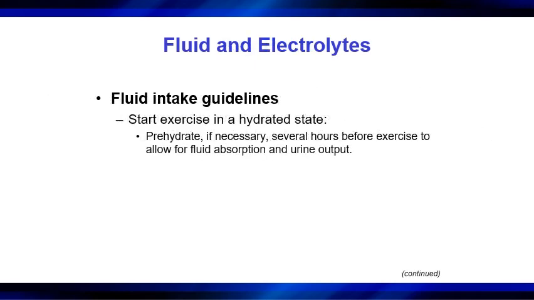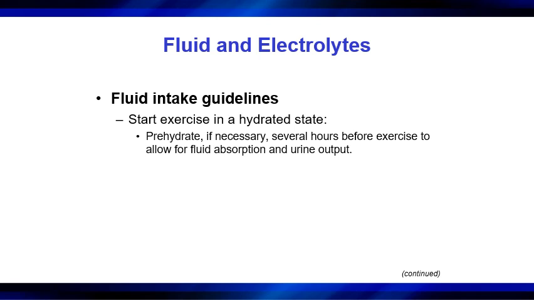So just some general recommendations for fluid intake. Make sure you prehydrate, so several hours before exercise, to allow for fluid absorption and urine output. You can usually tell your hydration status in various ways.